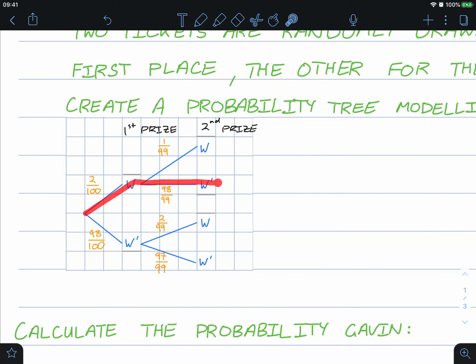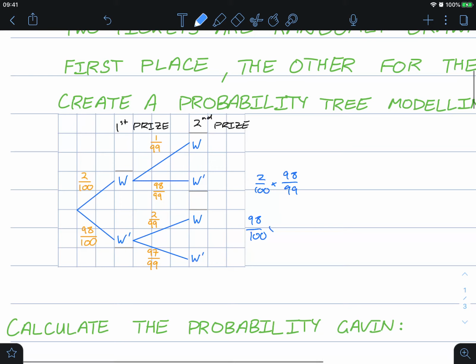Win the first, lose the second. That is 2 out of 100 times 98 out of 99. And lose the first, win the second. Calculating that, that is 98 out of 100 times 2 out of 99.